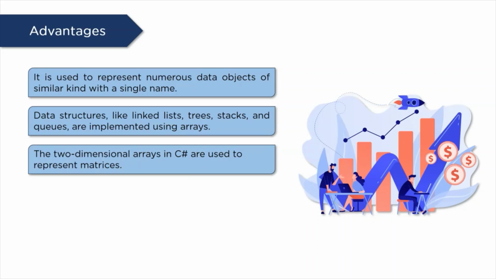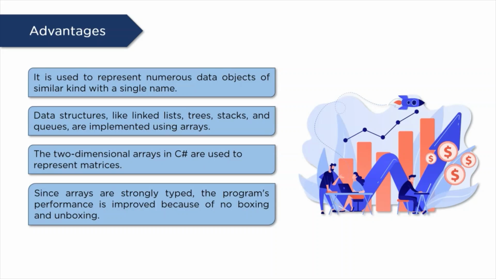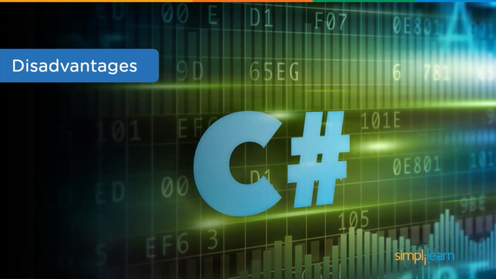Also, matrices are represented by two-dimensional arrays in C#. Finally, since arrays are strongly typed and there is no boxing and unboxing, it improves the application's performance. And these were the advantages of C# arrays.